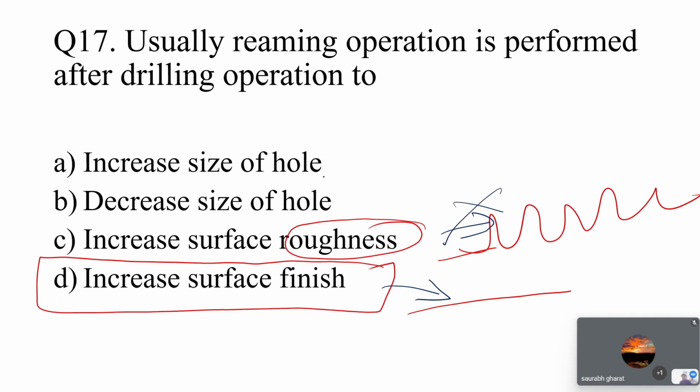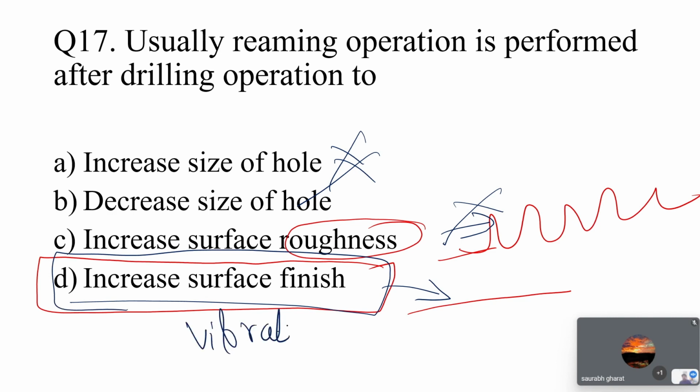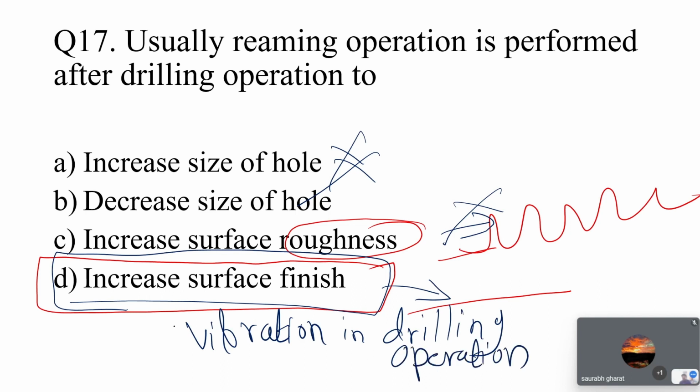Decreasing the hole size or increasing it is not the concept. We increase the surface finish because there are a lot of vibrations involved in the drilling operation. Due to these vibrations the surface finish is bad, and to increase the surface finish we use the reaming operation.